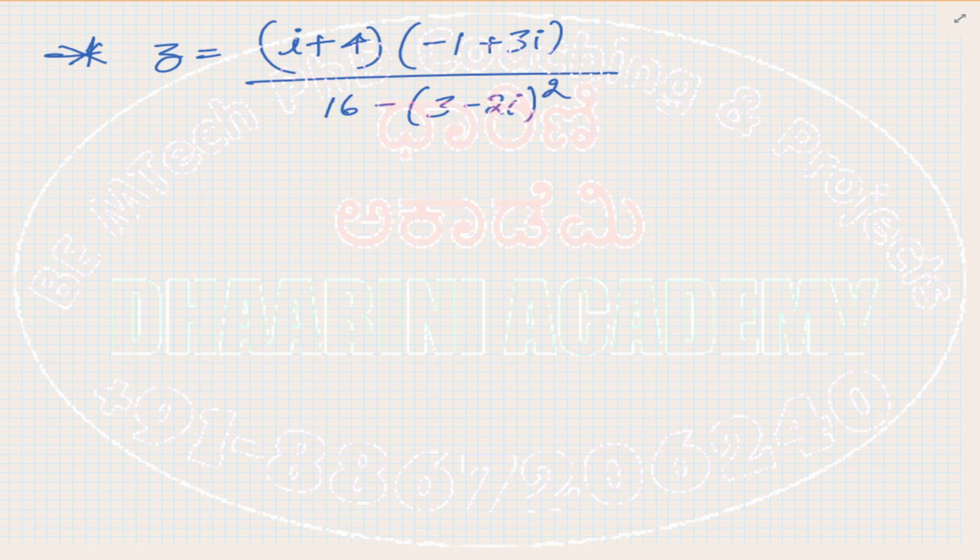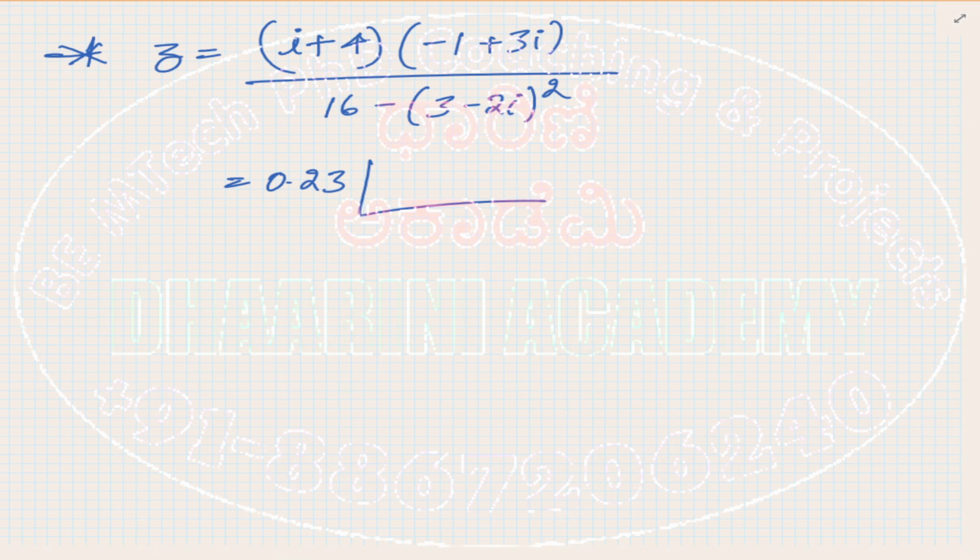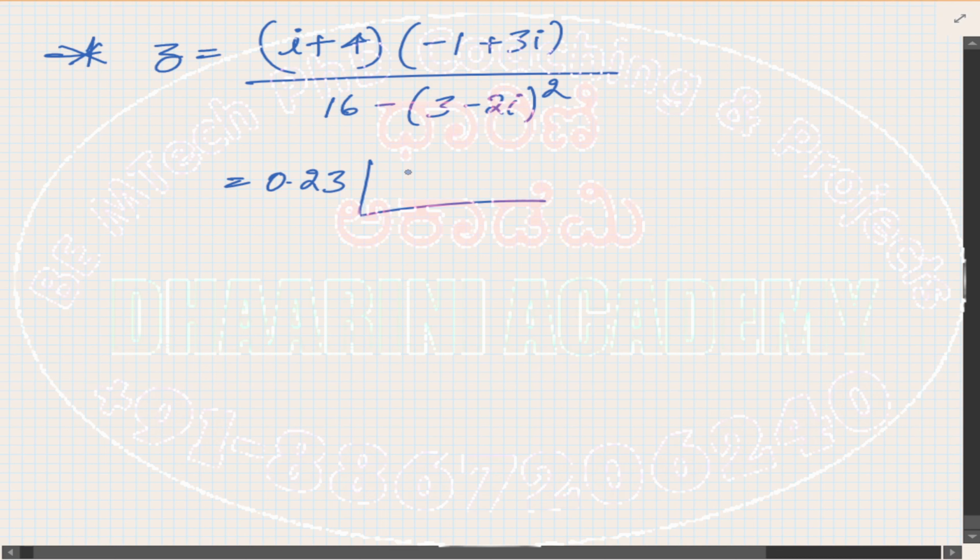Solve this. So the magnitude is 0.23, right? Find the angle. This is pi minus tan inverse of 0.67.